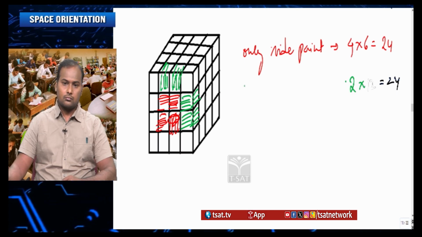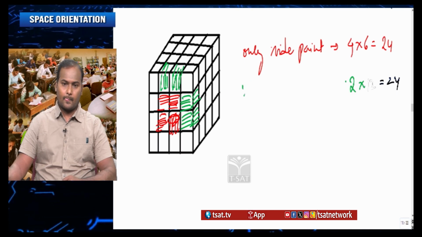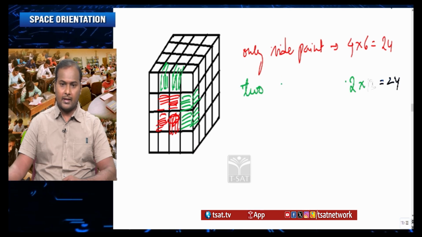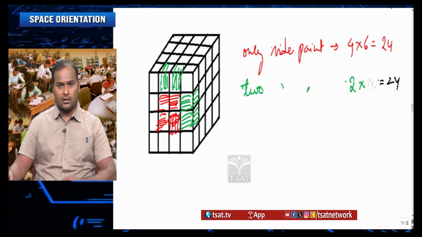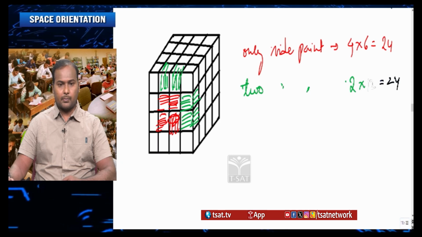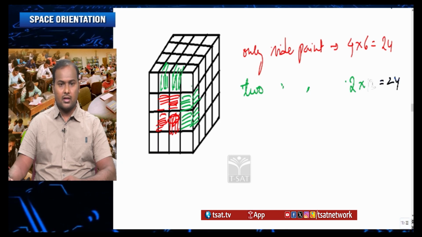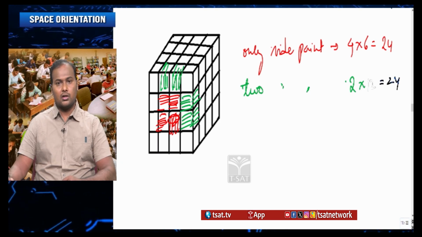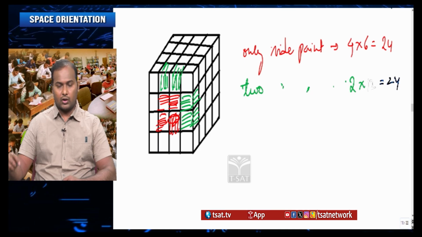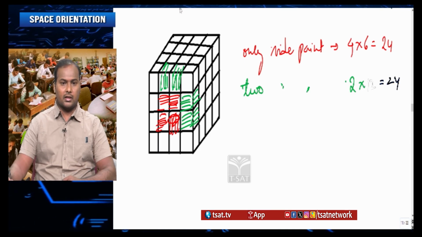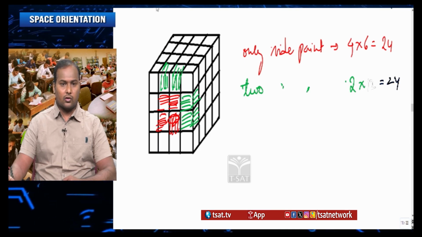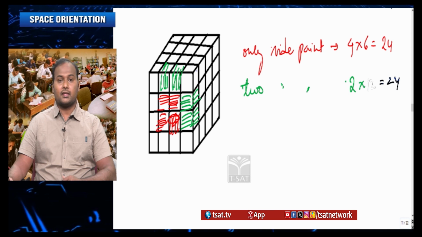So two side paint is 24, because two side paint is possible only on the edges. Each edge 2, total 12 edges, 12 into 2, 24.